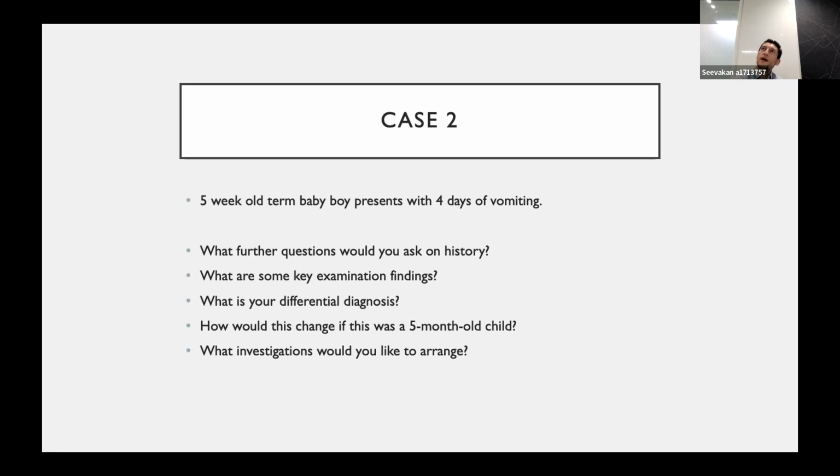Without getting too physiological with it, the electrolyte derangement that you find in pyloric stenosis is a hypochloremic, hypokalemic, and hyponatremic metabolic alkalosis.